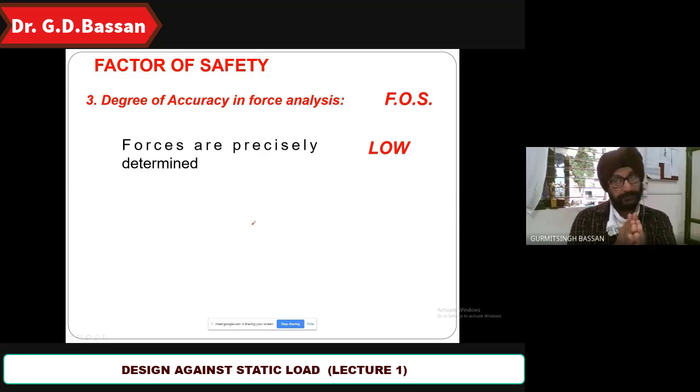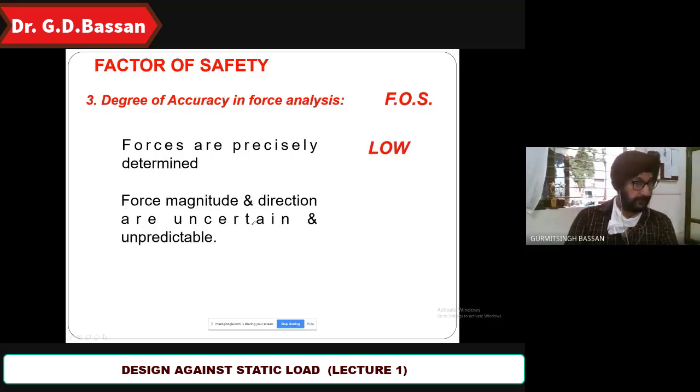In that condition, we are at liberty to take the factor of safety as low. In another case, if the force magnitude and direction are uncertain or unpredictable, then we have to go towards the safe side. So we have to consider the factor of safety as high.